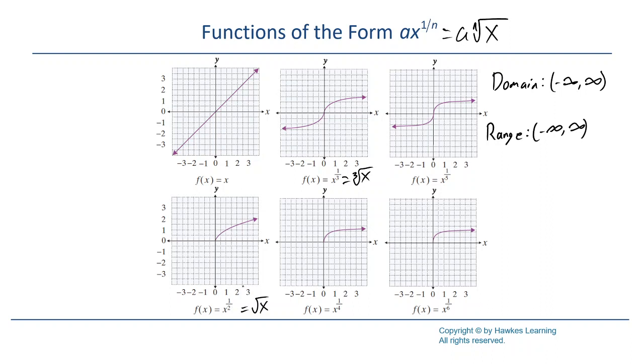But x squared, or the square root of x, 4th root of x, stuff like that, because you can't take the square root of a negative number, they don't have any values to the left of the y-axis. Because I can't come over here and go, oh, what value do I need to plug in to get negative 2? There isn't any. I mean, you can say negative 2i, or 2i, but we're in the real plane.